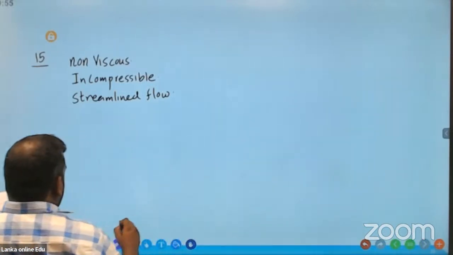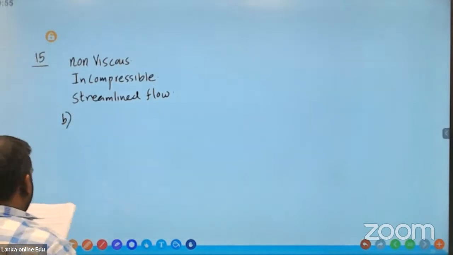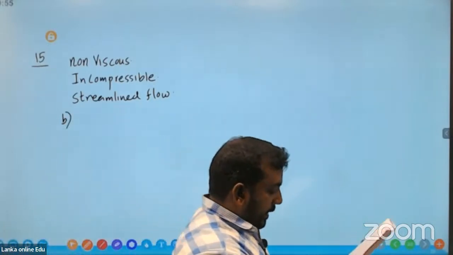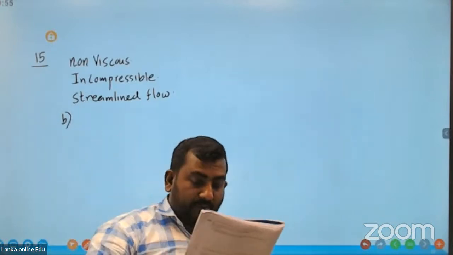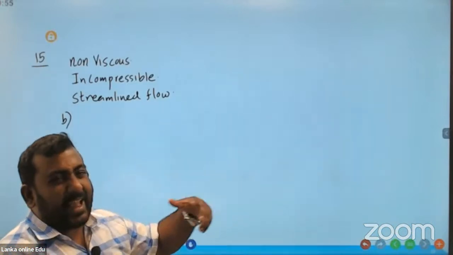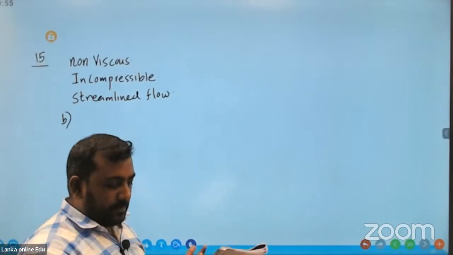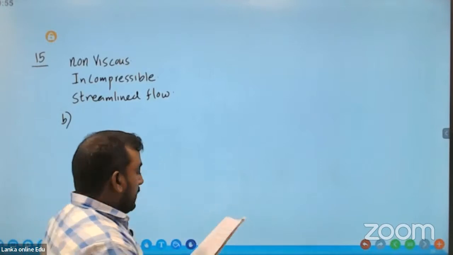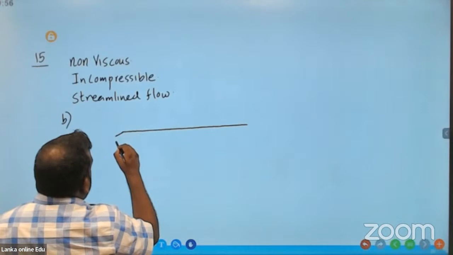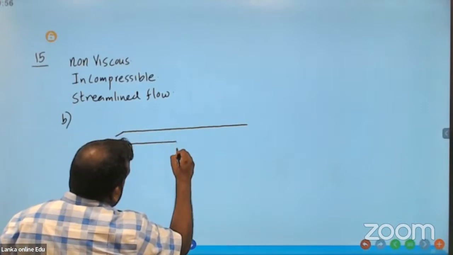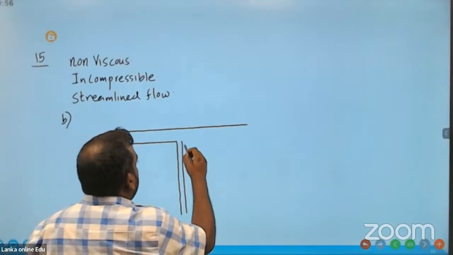Part B. The insecticide sprayer shown in the figure has a pump of diameter 60 mm. So spray can, body spray, insecticide spray, all the principles are the same. So here you go, the tube is there.